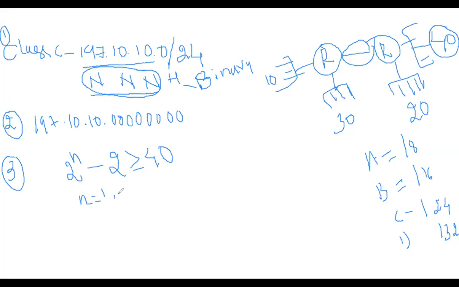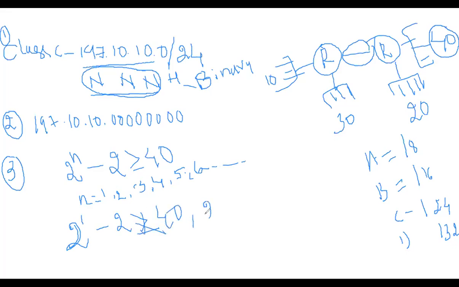You can take the number n as 1, 2, 3, 4, 5, 6, and so on. Got it? You have to substitute 2 raised to 1 minus 2. Is it greater than or equal to 40? No. 2 raised to 3 minus 2, is it greater than or equal to 40?